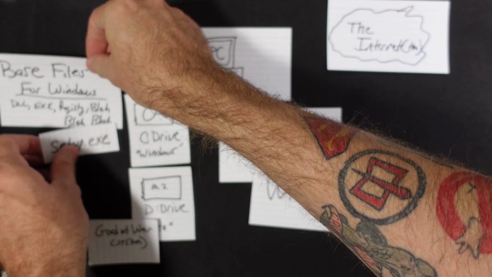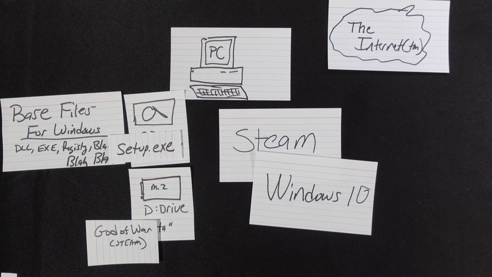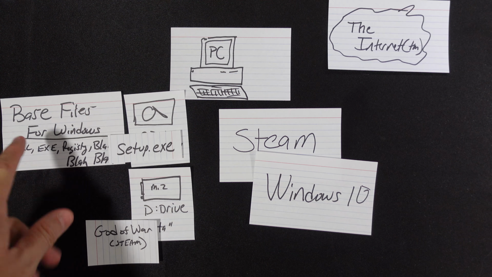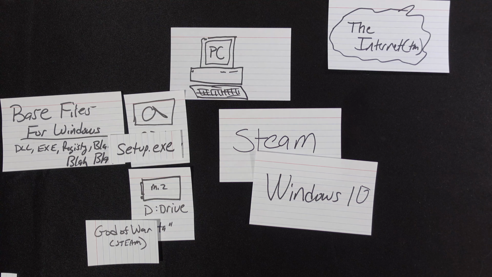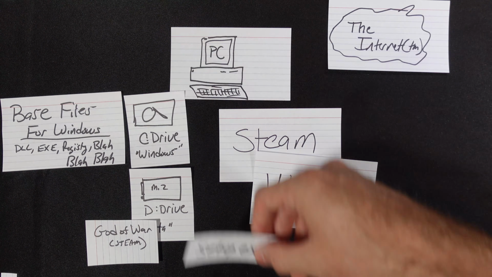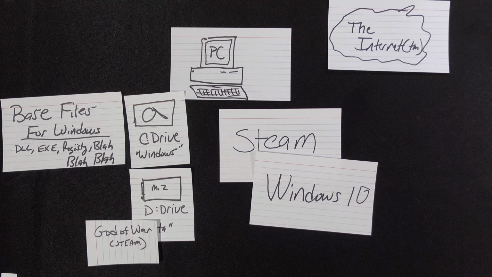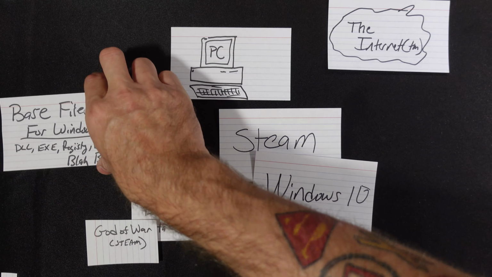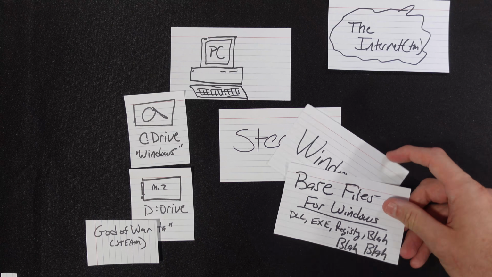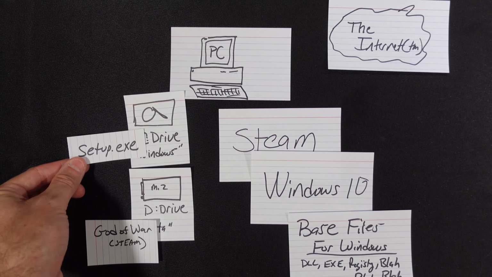Now, let's not forget the bloated 20 gigabytes of other Windows files, DLLs, EXEs, libraries, registries, and all that Best Buy Geek Squad stuff that also already exists on your Windows drive. Most of them are common across all Windows versions and come in the box with Windows. Let's call these crazy guys base files for Windows.